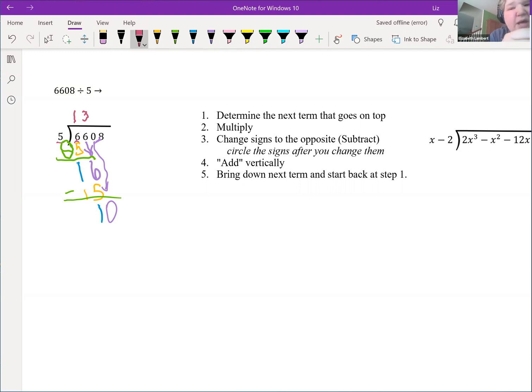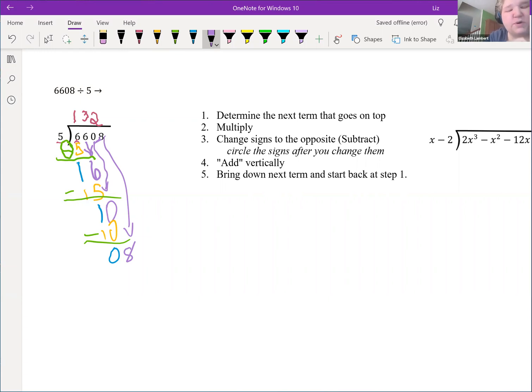And this is the kind of thing we're actually going to see in the polynomial one: the first part always works out nicely because we're going to have different terms. But here, multiply and get 10, subtract, do the actual subtraction and get a 0, and bring down that 8.